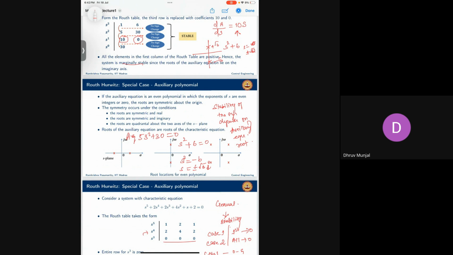So it will be a complex number. So plus or minus root 6 j lies on the imaginary axis, not in the LHS or RHS, right? So this will become a marginally stable problem. Is it okay?